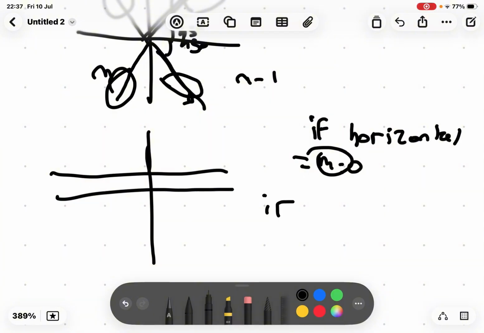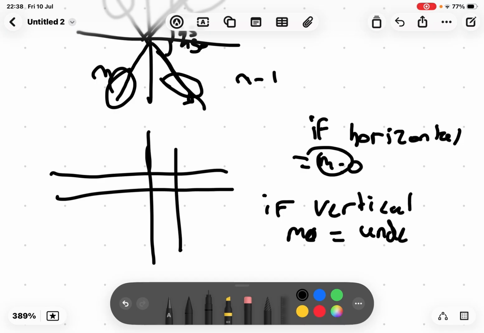If the line is vertical, m is undefined. If it's like this, it can go to infinity, so it's just undefined. You can't compute it if the line is vertical.